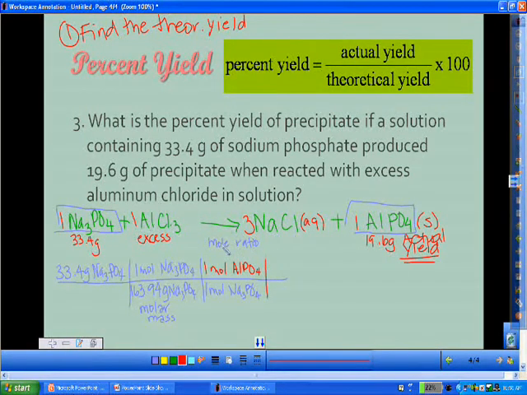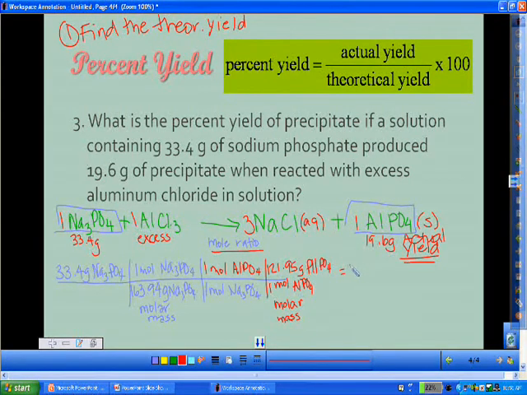So there's our mole ratio. And now the last step is we need to use the molar mass of aluminum phosphate to find the theoretical yield for aluminum phosphate. You have 121.95 grams divided by 1 mole of aluminum phosphate. This is grams of aluminum phosphate as well.